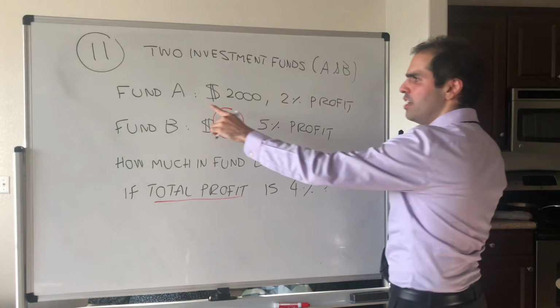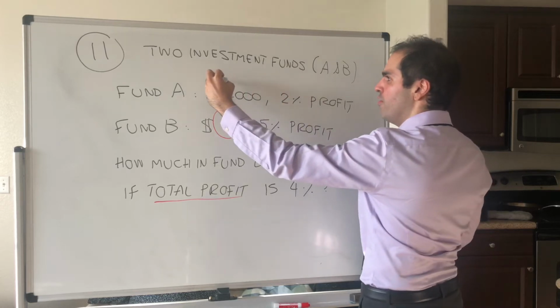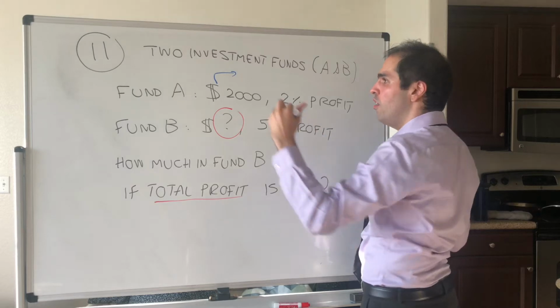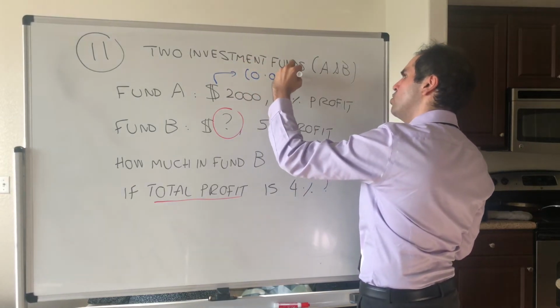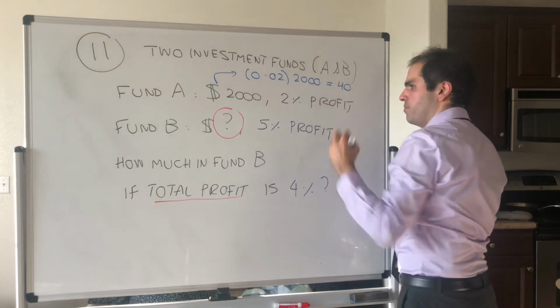So we know that in fund A, there's $2,000 and a 2% profit. So the nice thing is we can already figure out the profit in fund A. So which is 0.02 times 2,000, which I believe is 40. Okay.